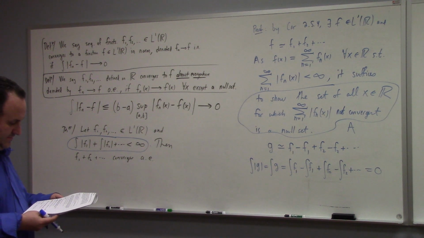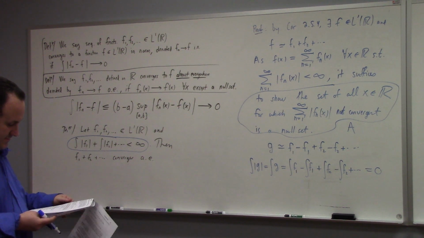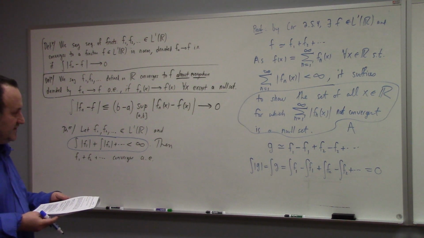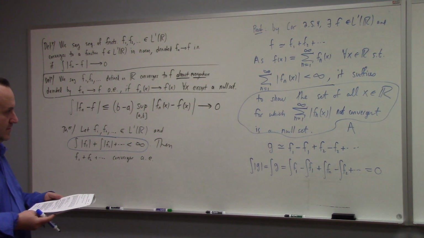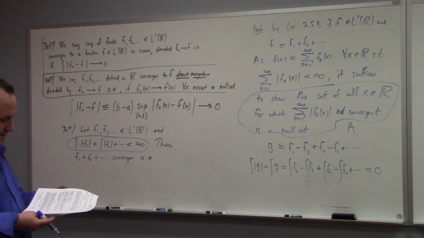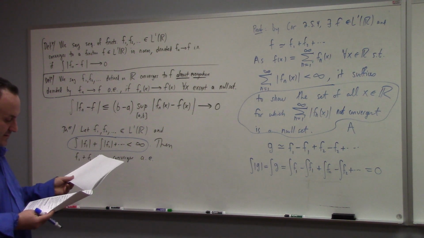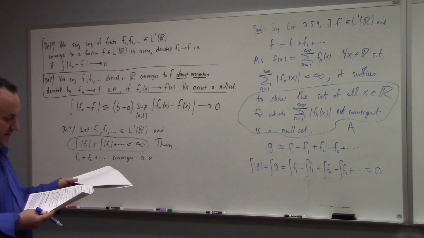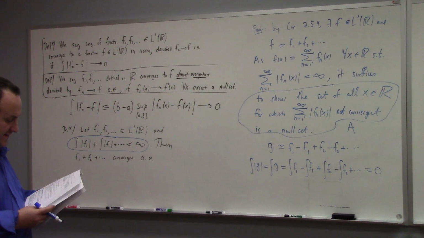I'm sorry, I'm lost. How's he getting that representation for G? I think he's constructing G. I think basically the argument here is let G be this. Oh, let G be the characteristic function of that set.